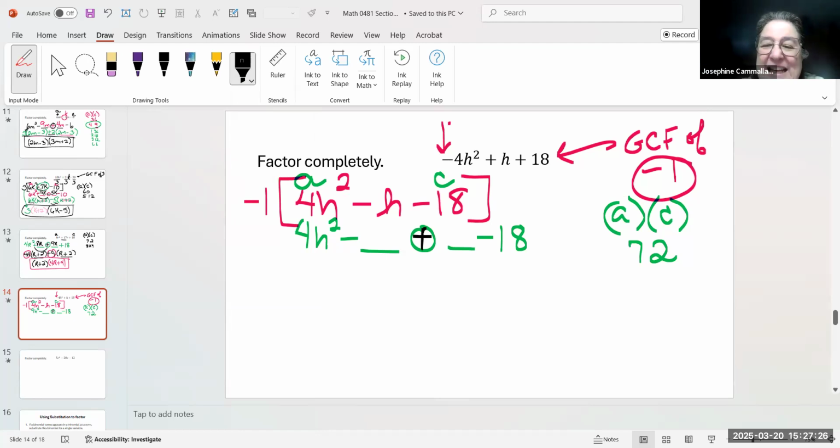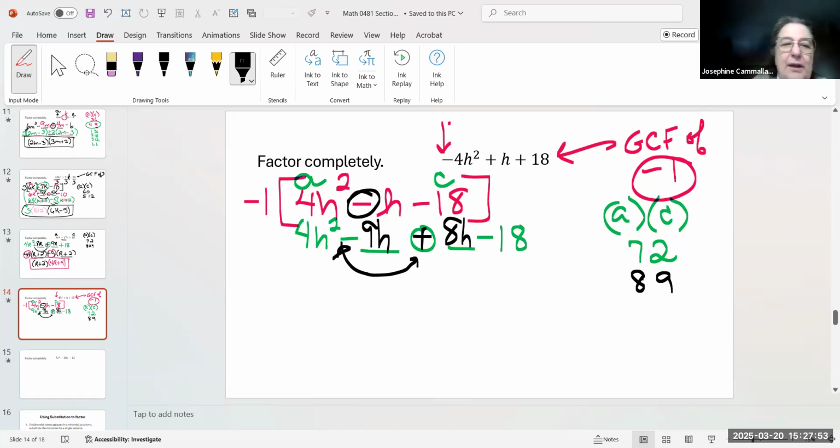And again, 8 and 9 multiply to give me 72. But because the blanks are different, we're subtracting. And remember, 9 must sit with the negative, because I have a negative here in front of h.